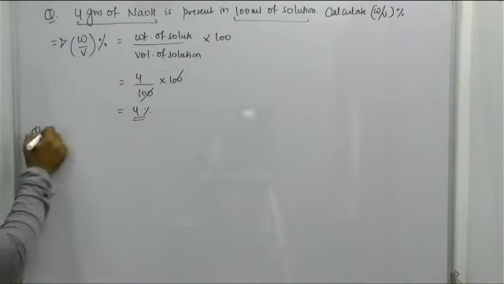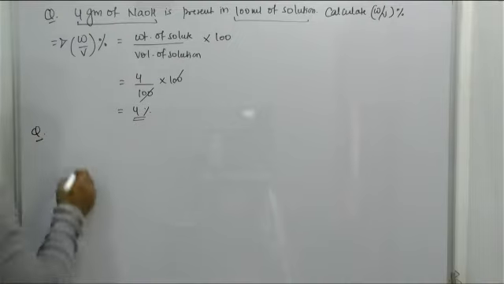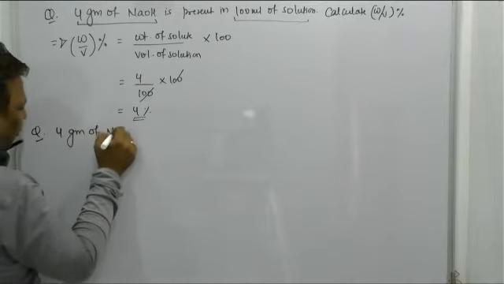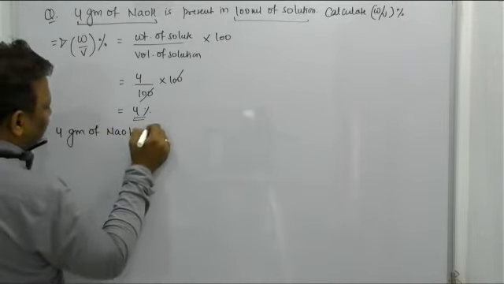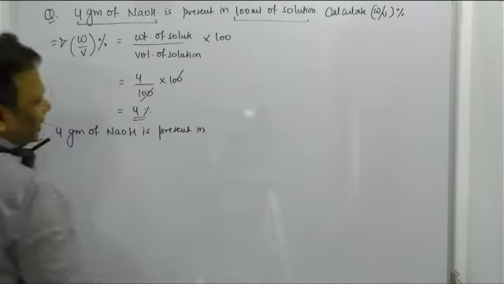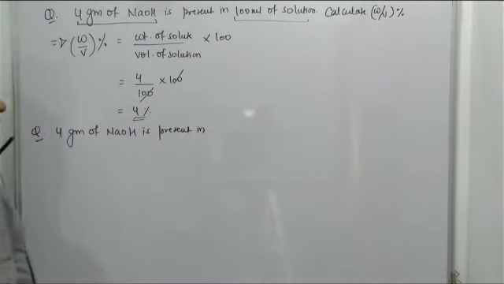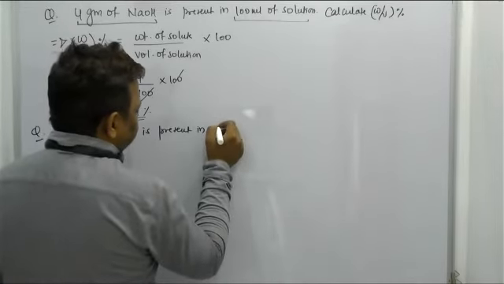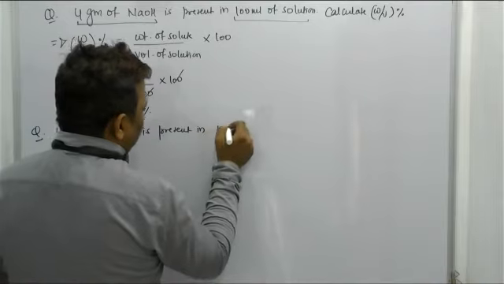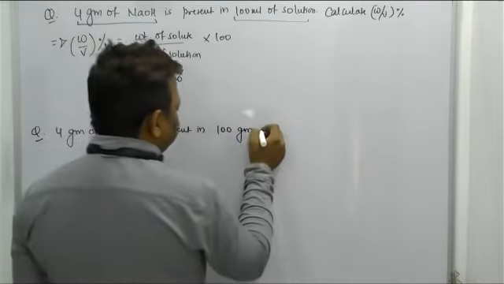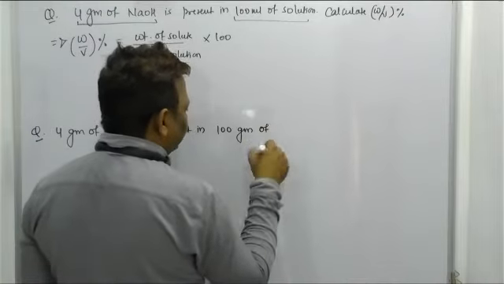But now things are different, beta. 4 gram of NaOH is present in 100 gram of solvent.